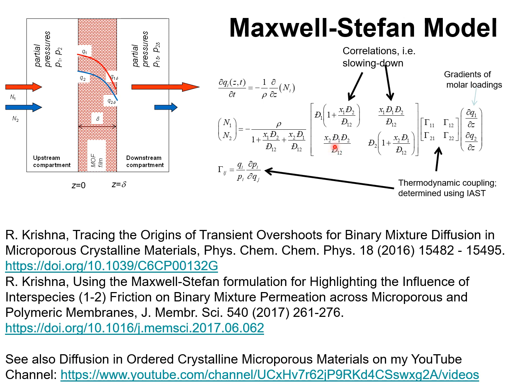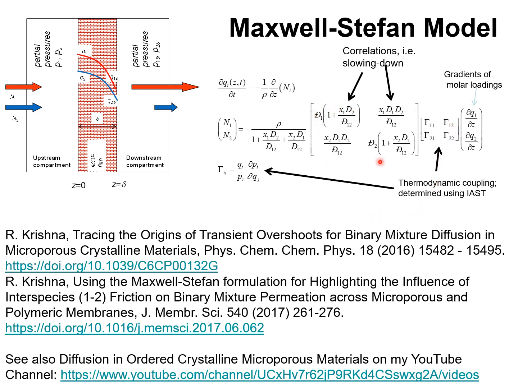D12 is the exchange coefficient between species 1 and 2 and may be regarded as representing the correlations in the molecular jumps. If the correlation effects are ignored, these off-diagonal elements reduce to 0. This also reduces to 0, and we have a diagonal matrix. In general, of course, we need to take correlation effects into account, as we shall explain in the subsequent slides.